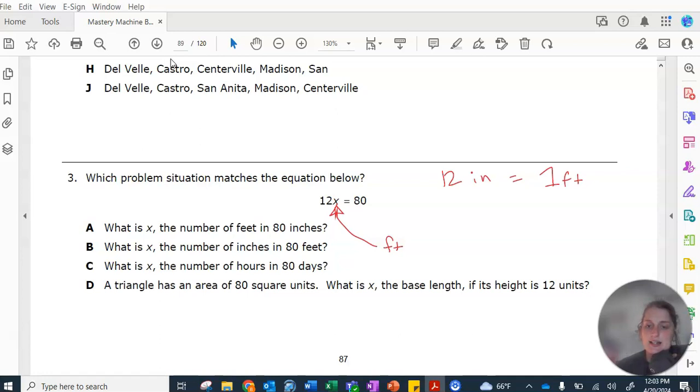And if we isolated x and said, okay, how many feet are we talking about? You can do 80 divided by 12, which doesn't go in perfectly, but you'll get a decimal answer. And you'll figure out how many feet make 80 inches. That's what we're looking for.